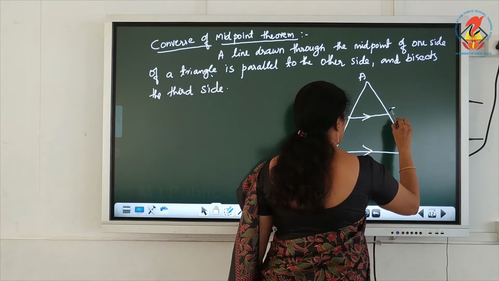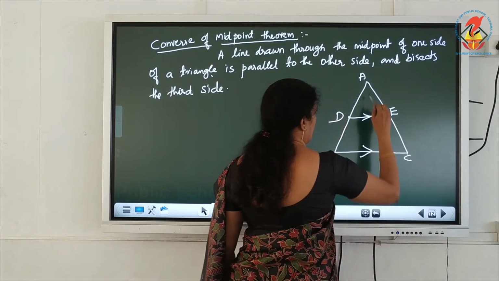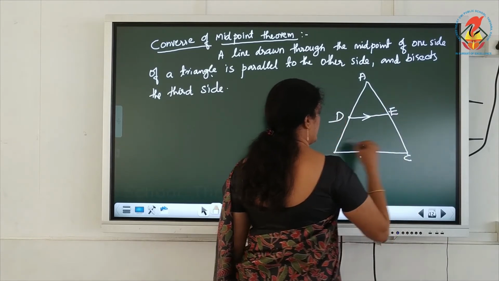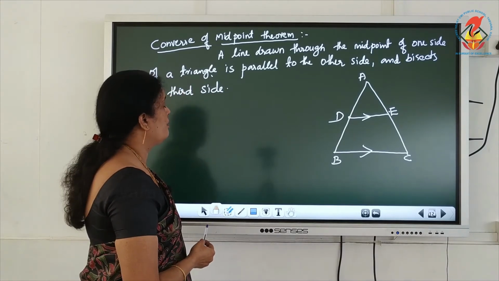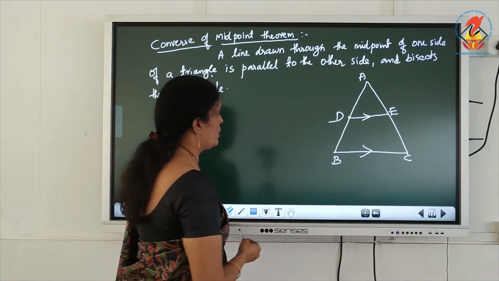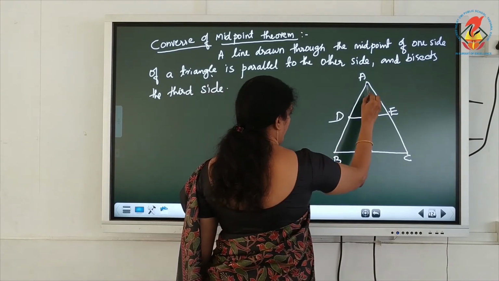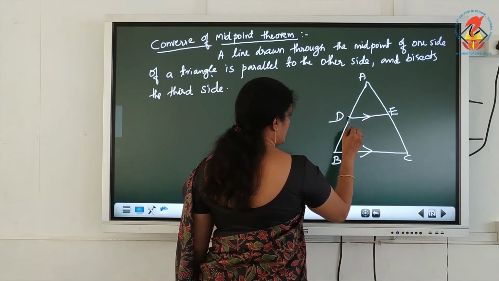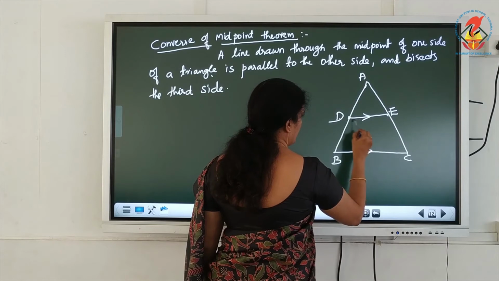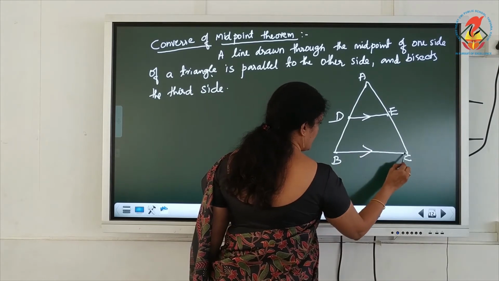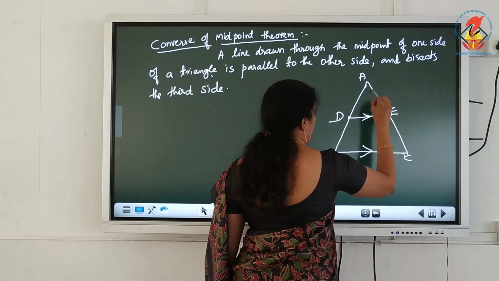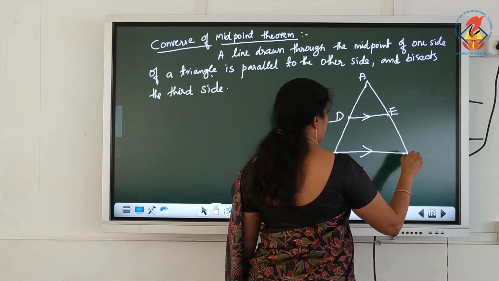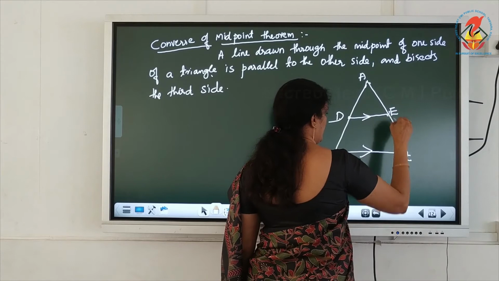That means AE equal to EC. This is the converse of midpoint theorem. First D is the midpoint of AB. From this point you draw a line parallel to the other side, that means BC, and this line bisects the third side. That means AE equal to EC.